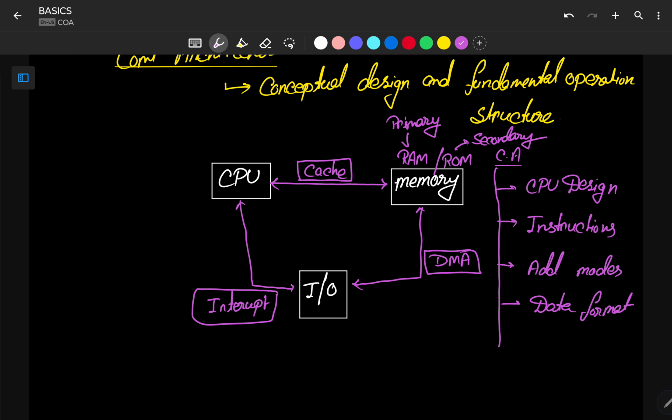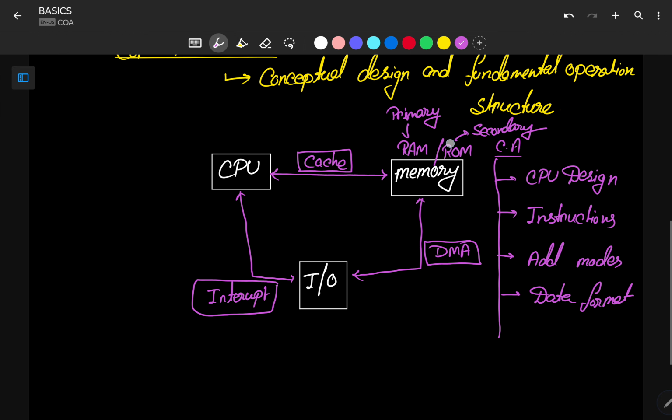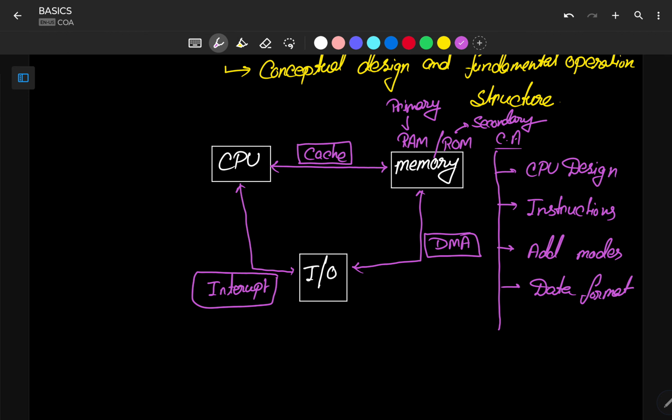This arrangement is part of computer organization, and CPU, memory, and IO are the basic things which are part of computer architecture.